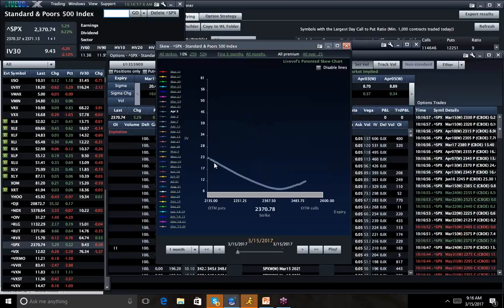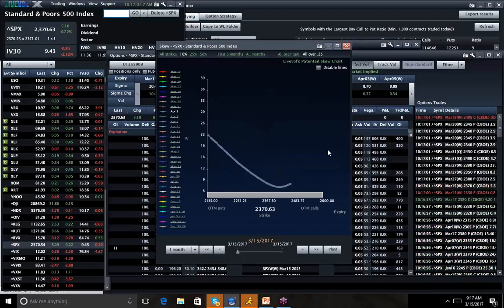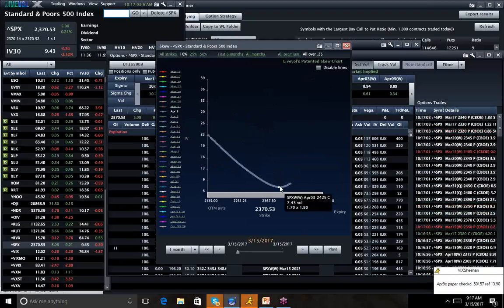All right, so you can see this is a chart of skew in the S&P 500.